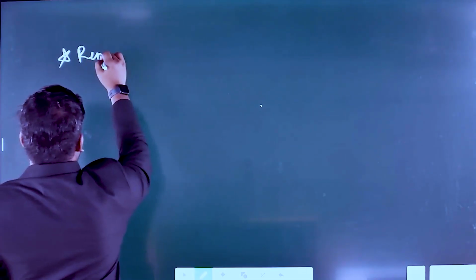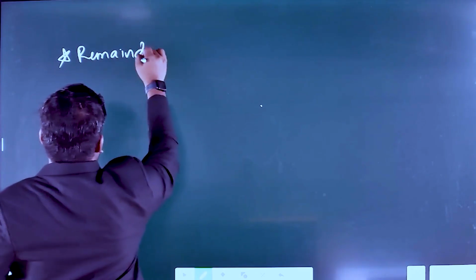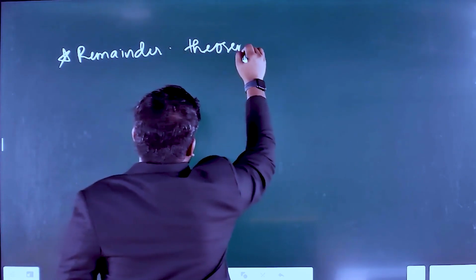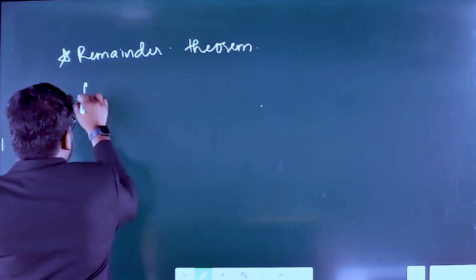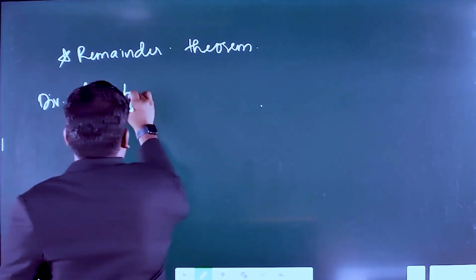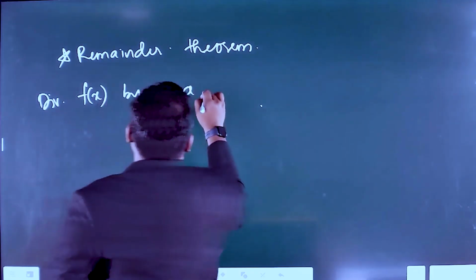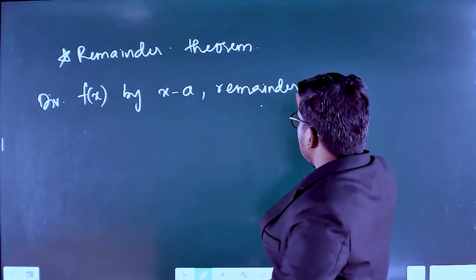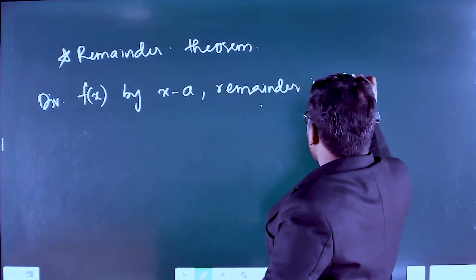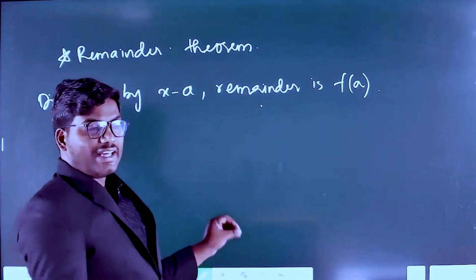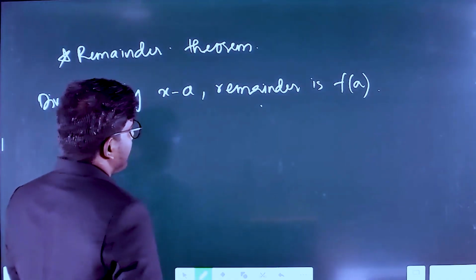In terms of remainder theorem, if I'm dividing f(x) by x minus a, my remainder is f(a). Is that all right? So if I'm dividing f(x) by x minus a, my remainder is f(a).